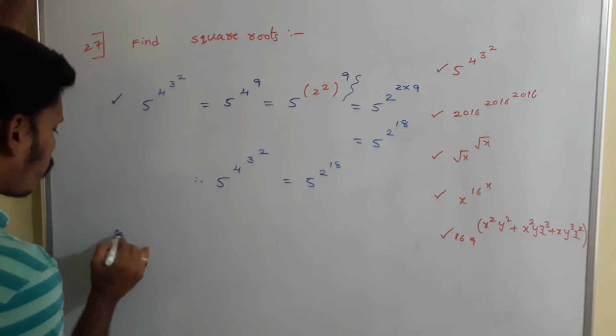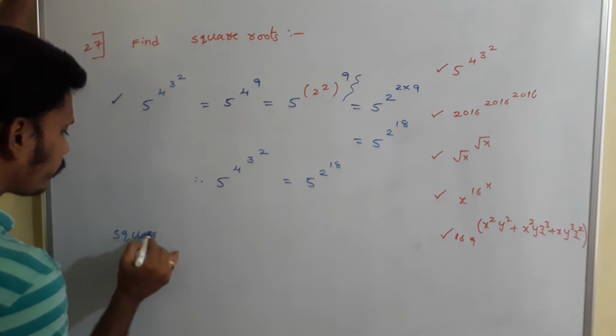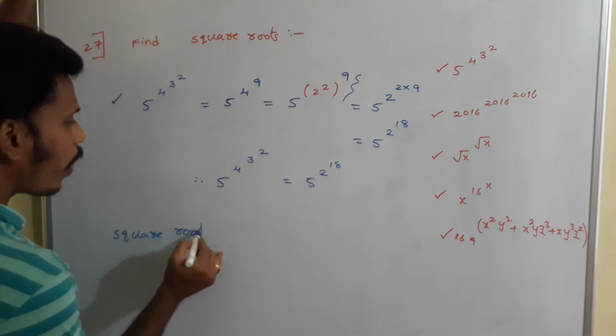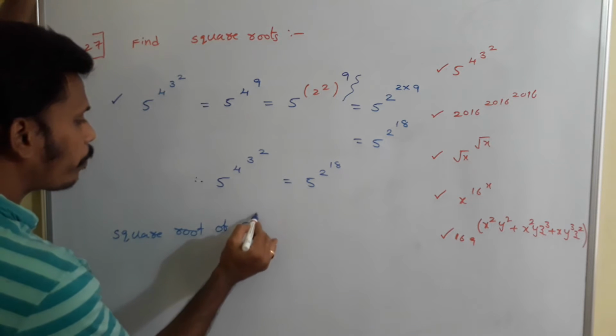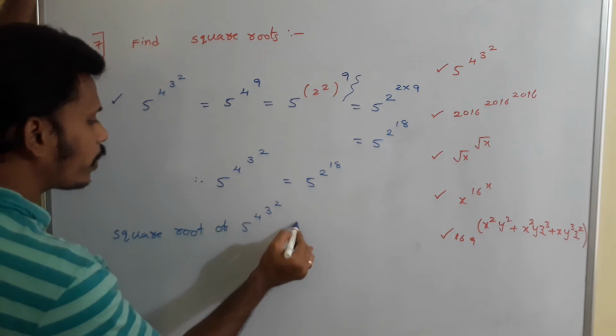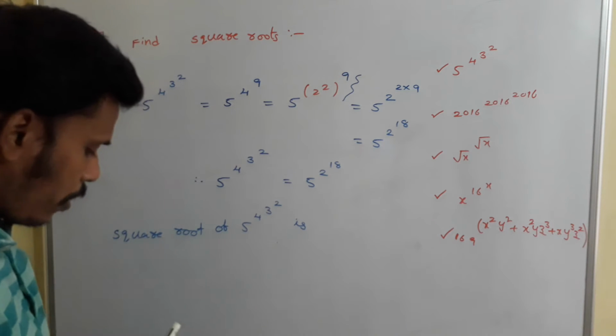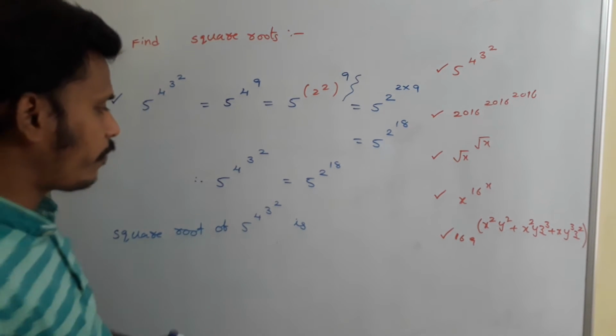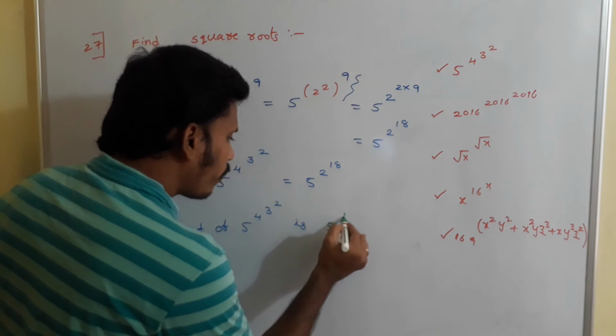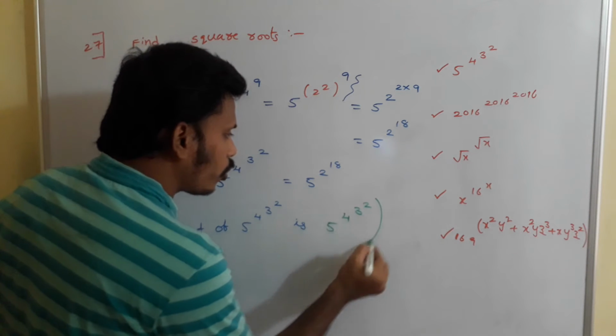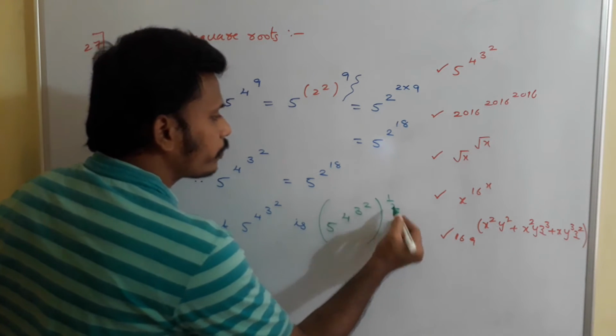Okay. So square root of 5 power 4 power 3 power 2 is, we need to apply power 1 by 2, right? You just apply power 1 by 2. That's enough. Is 5 power 4 power 3 power 2 to the power 1 by 2.